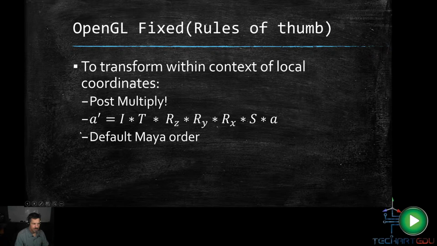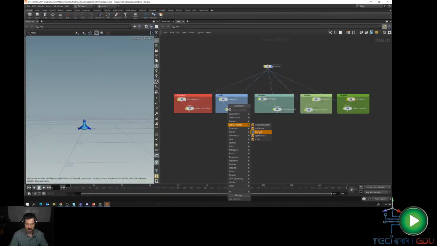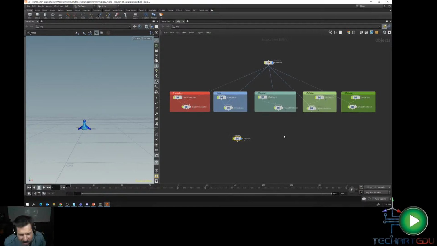Well, I'm going to lay down a matrix. Yes, this is a homebrew digital asset that I created on my own. So I'm going to go ahead and follow that order. Now, I don't have an identity matrix, so I'm going to start with just the translation matrix, and then I'm going to toss in the, what is the order that I wanted to follow?